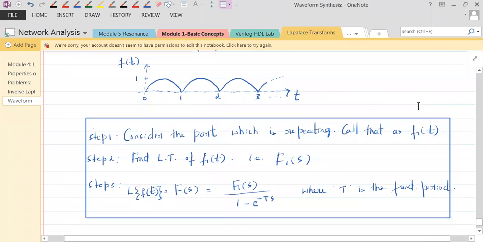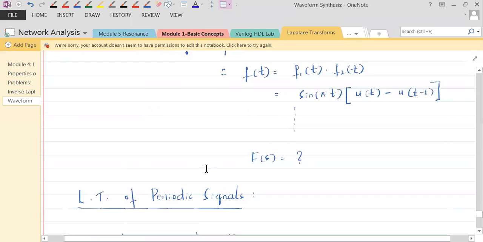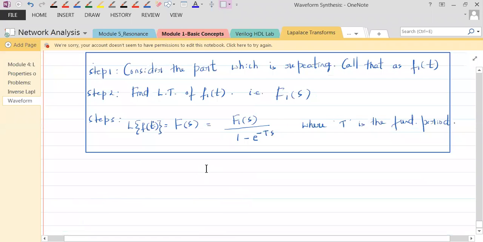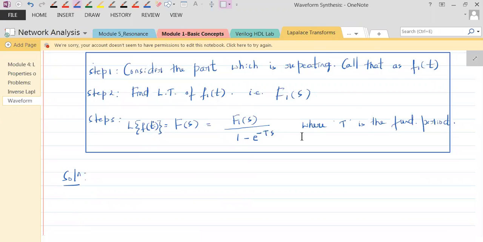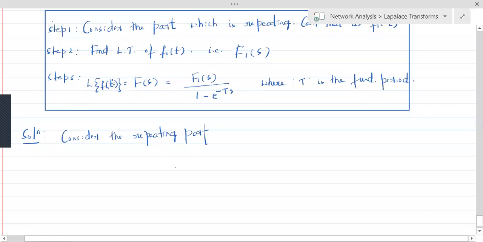This is the procedure. In this solution, we shall consider the part which is repeating, and let's call that f1 of t. Understand that in the solution. Everybody, just copy it down. Consider the repeating part. What is that repeating part?